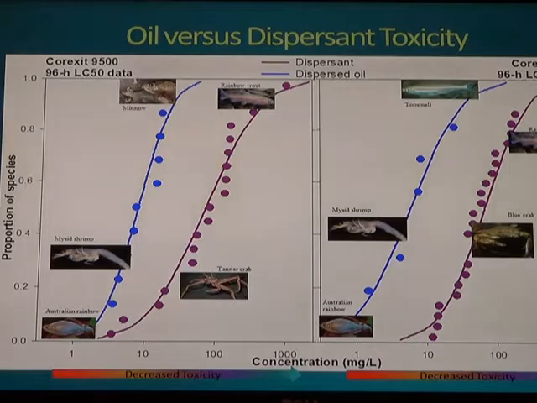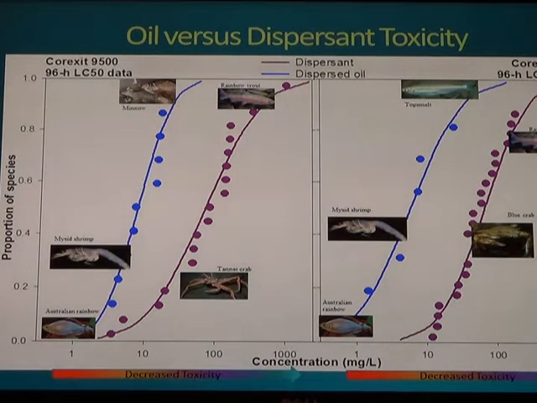So let's just look at a few typical LC or toxicity curves here. Again, you're looking at the proportion of species, and that 50% mark going across right about through here. The dispersant is indicated by the purple line.